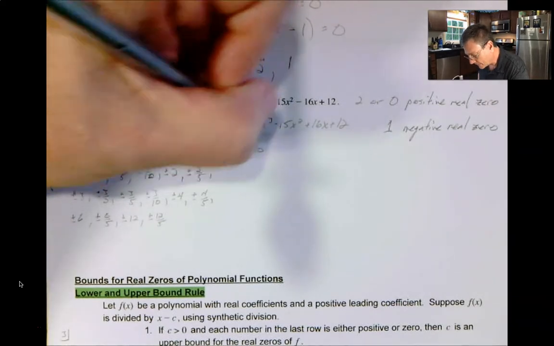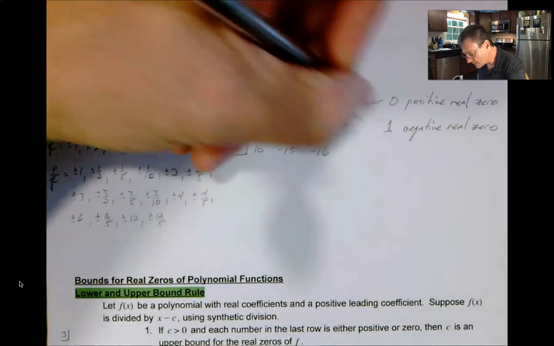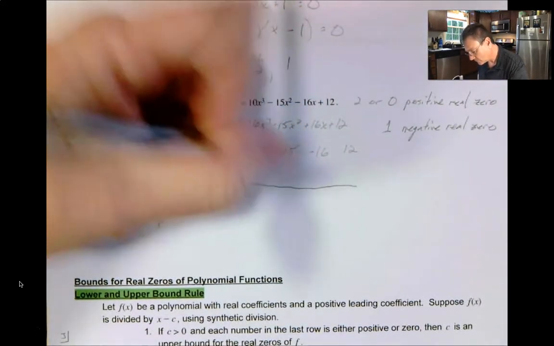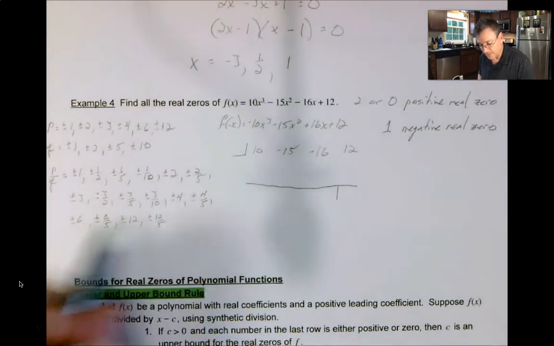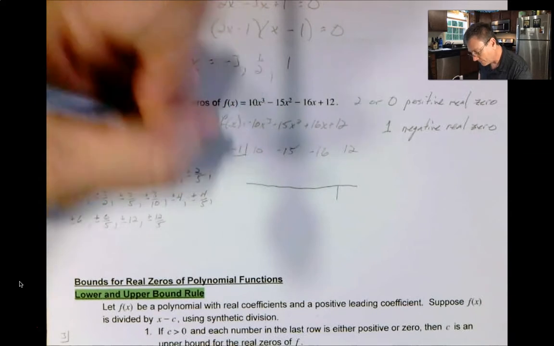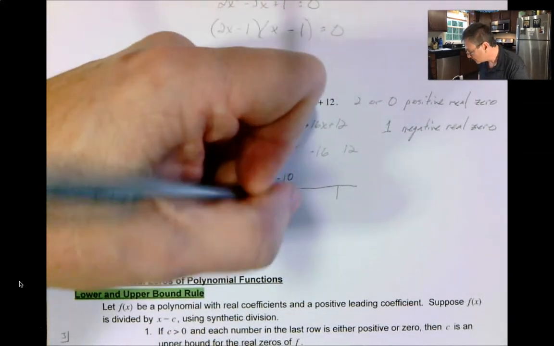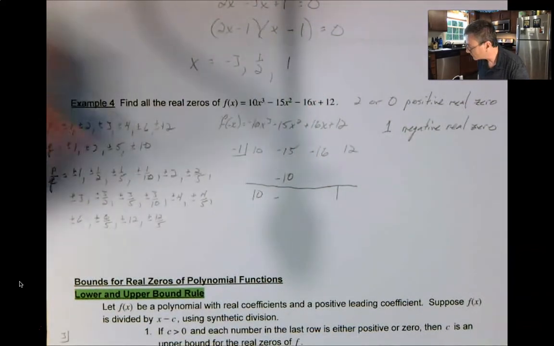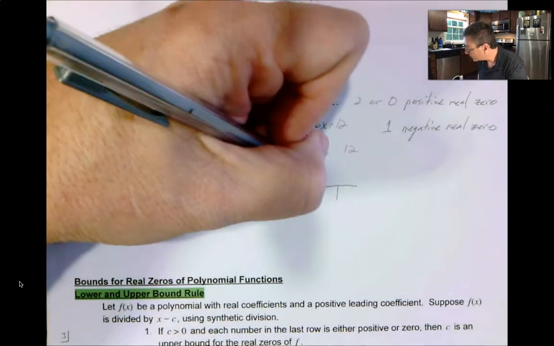10, negative 15, negative 16, and 12. And the first negative whole number that's easy to work with is negative 1. Bring down the 10. Negative 10, negative 25, positive 25.